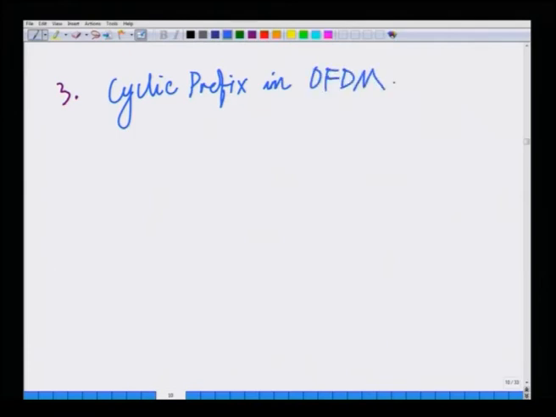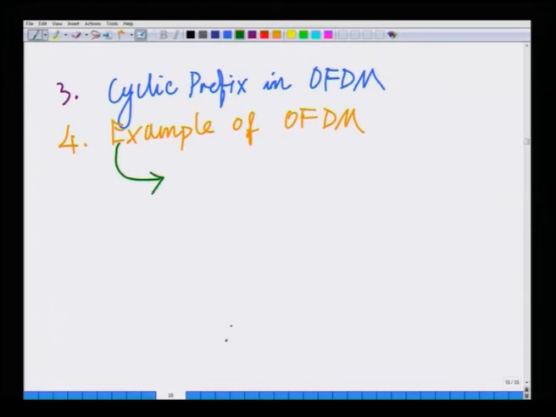We looked at the concept of CP or cyclic prefix. We also looked at a practical example of OFDM. This related to the fixed profile of WiMAX, which is the 4G wireless standard with 256 subcarriers.